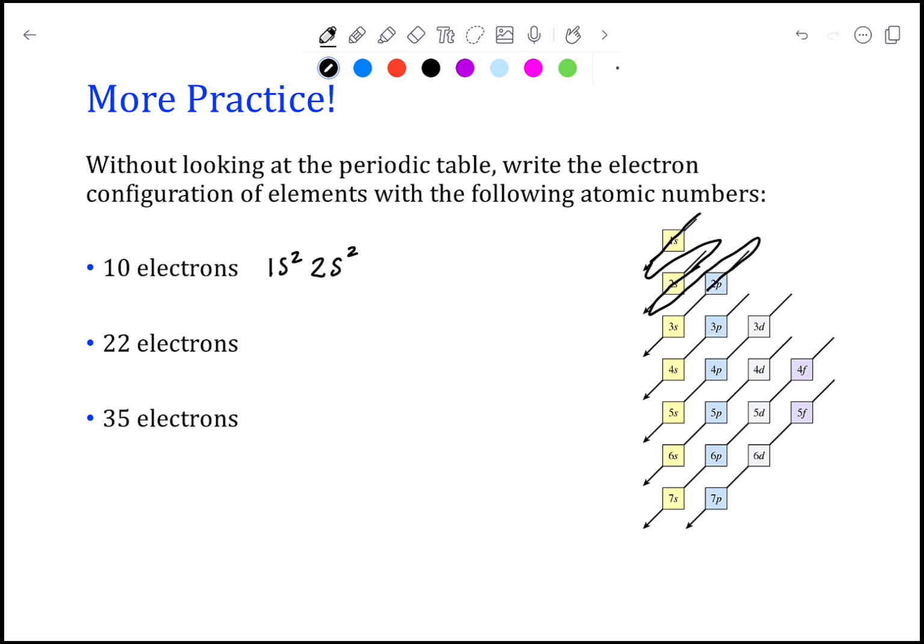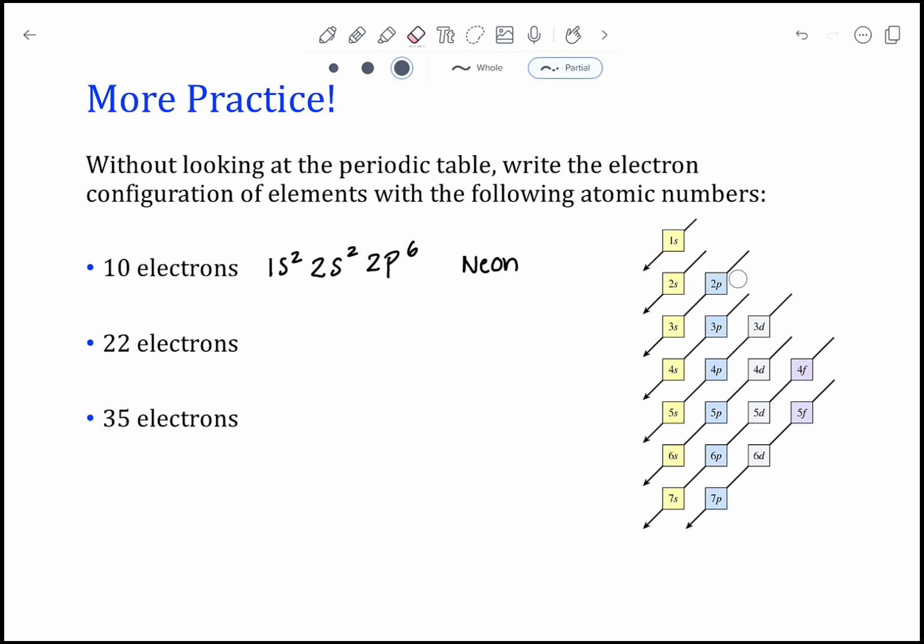We then go to 2p6, and that uses up all of our electrons. And if you cared to look at your periodic table to then see what element this is, this would be neon.